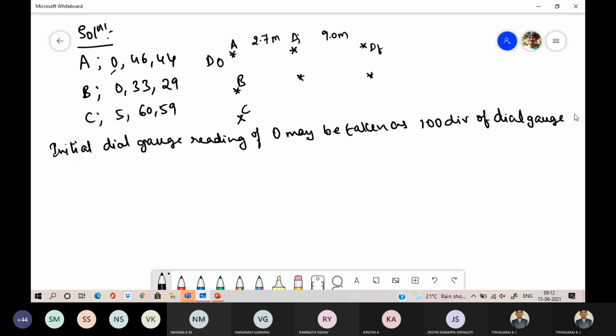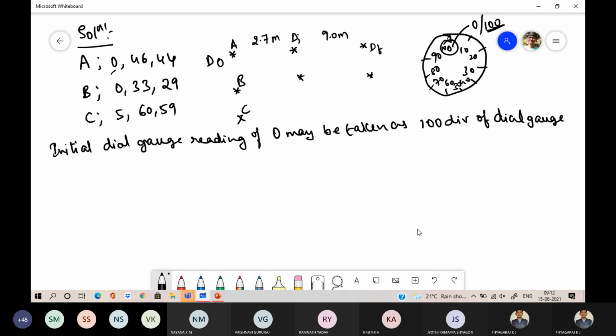Because we are going to set the dial gauge to 0 at the initial reading. So the dial gauge reading can be written as 100. In the dial gauge, for example, if it looks like this, it is 0, 10, 20, 30, 40, 50, 60, 70, 80, 90, and this is 100. This can be written as 0 or 100. So we will write it as 100.